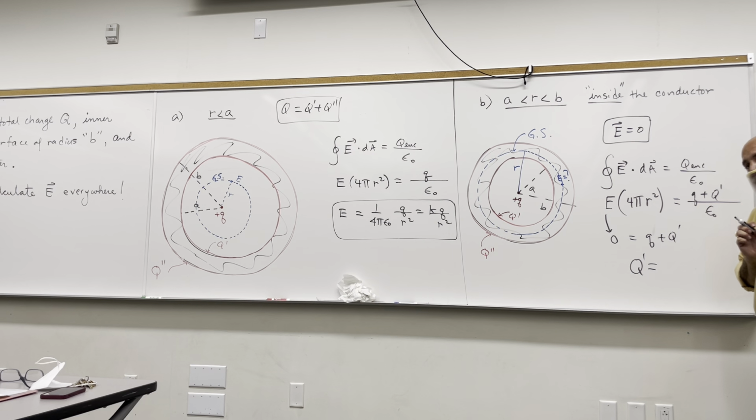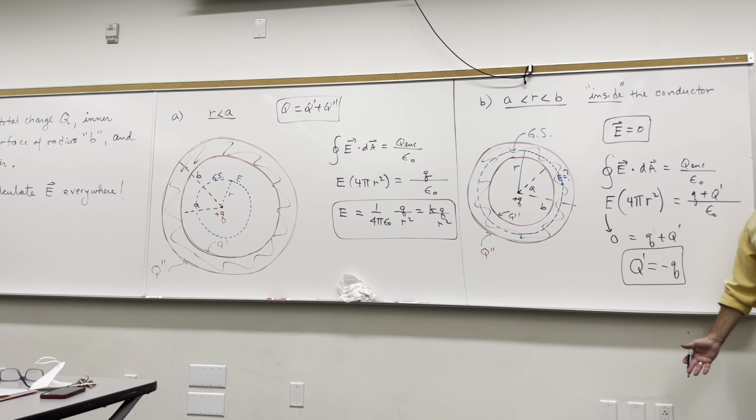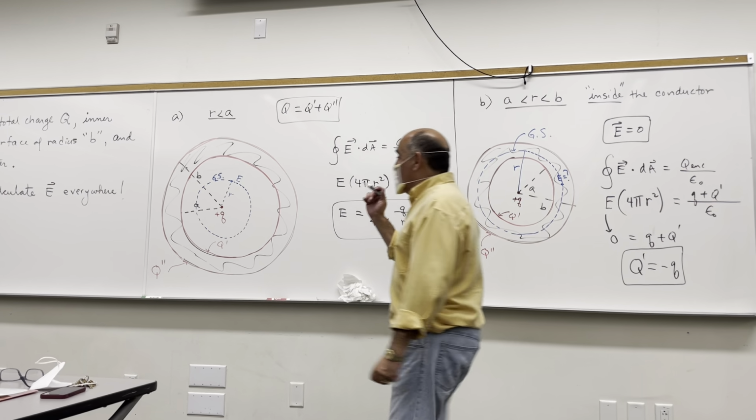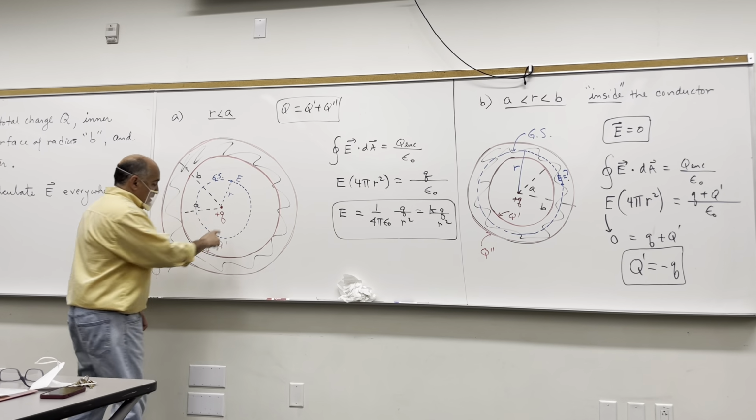Q. The negative of what's inside at the center. Because if q prime plus little q is 0, then q prime has to be minus little q. It has to be the opposite charge of whatever was placed at the center.